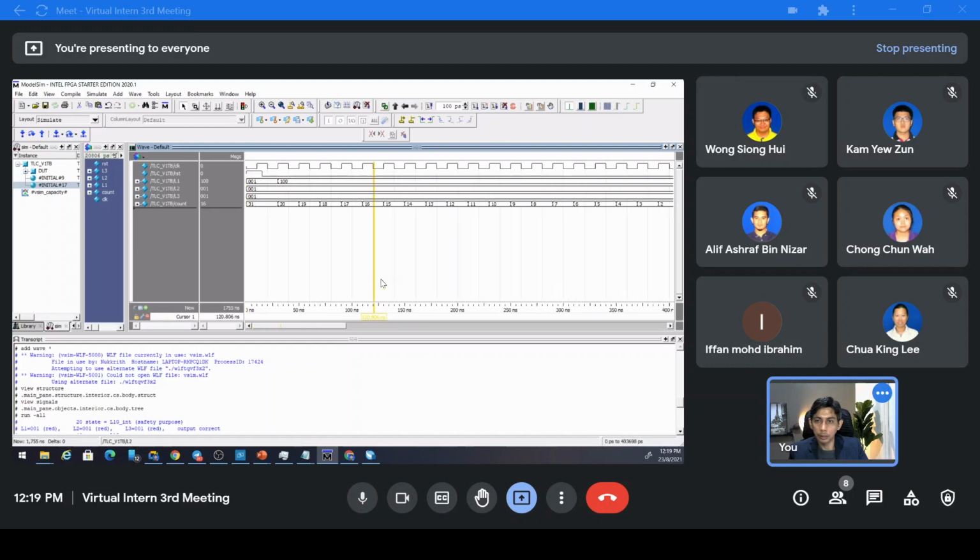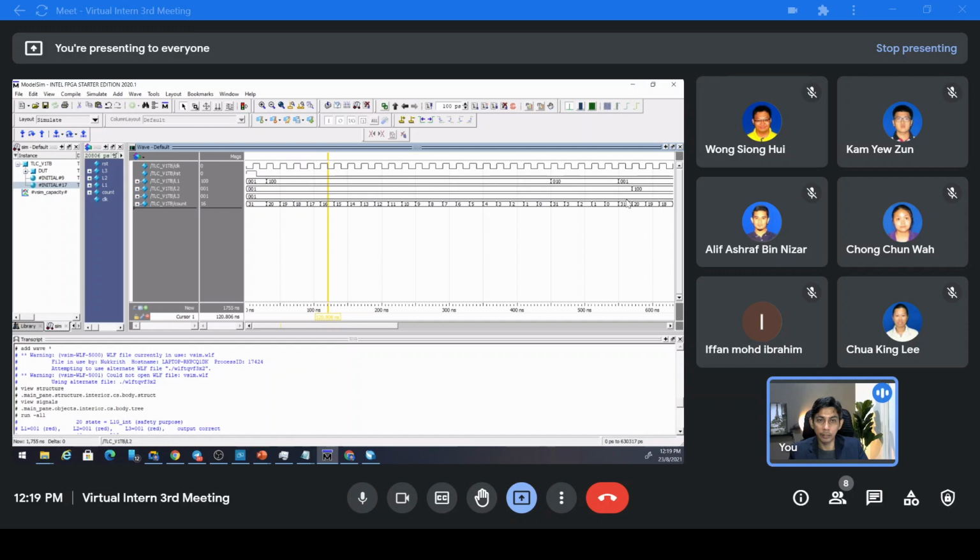Here is 0, and we change to yellow, and this one is still red. L2 still red, L3 still red, until it changes to red.